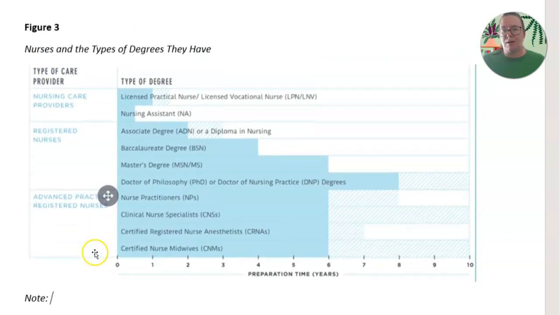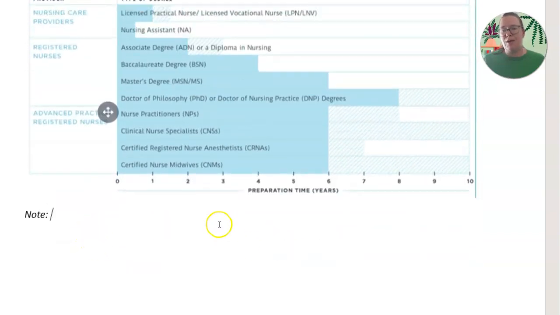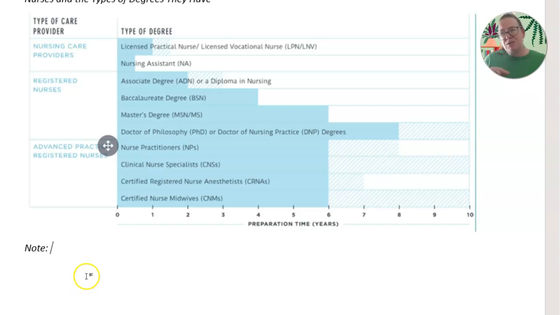Now let's go in and put the note. So in the note, I can write some details about what would help somebody understand this figure more, or I can just write the citation. And for this one, I'm just going to write the citation.